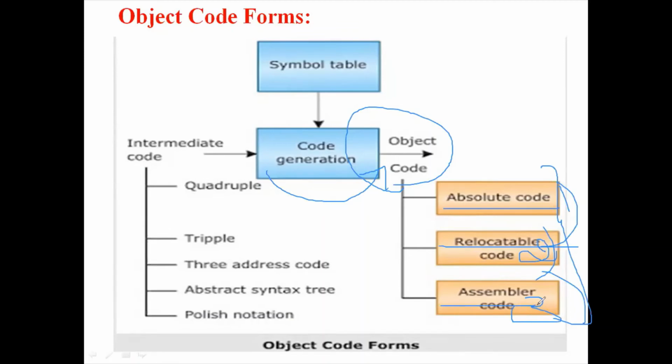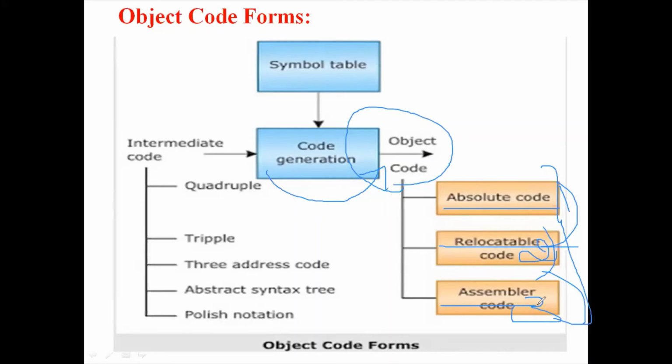Okay. So what about the first one, absolute code? It is machine code. Absolute code is nothing but machine code with actual addresses to be placed in the program address space. Absolute code, relocatable code and assembler code are all object code forms in the code generation phase.